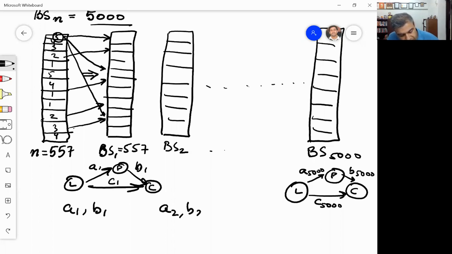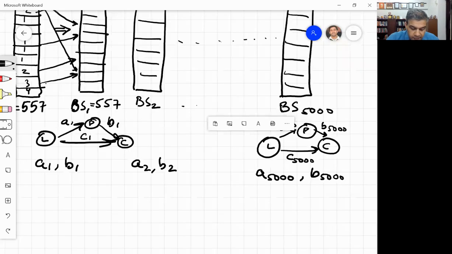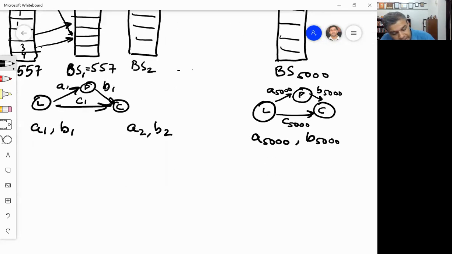It will get a value of A2, B2. It will fit your model on the 5,000th sample that it has created, and it will get a value of A 5,000 and B 5,000. Similarly, it will compute A1 times B1 of the indirect effect, A2 times B2, and A 5,000 multiplied with B 5,000.